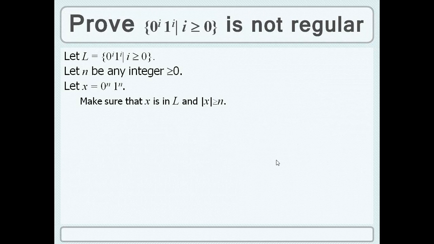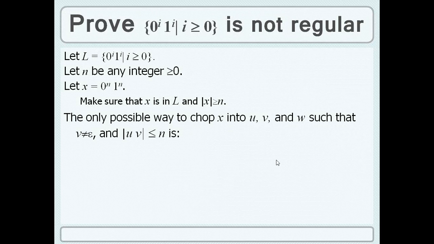Make sure that x is in L and the length of x is greater than or equal to n. The only possible way to chop x into u, v, w such that v is not equal to epsilon and the length of uv is less than or equal to n is u equal to 0^p, v equal to 0^q and w equal to 0^(n-p-q) 1^n, where 0 is less than or equal to p less than n and 0 less than q less than or equal to n.